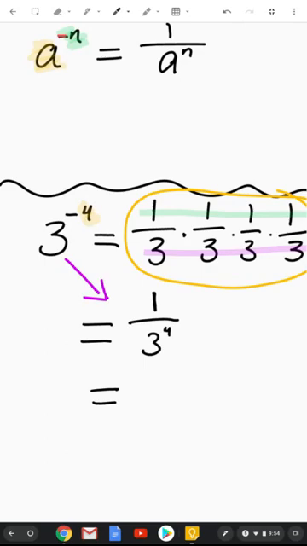So again, I told you that this rule means take the base, make the reciprocal, which would be 1 over the base, and then you're just doing that the number of times that n tells me to do it. So the easiest way is literally, let's say that I have 3.